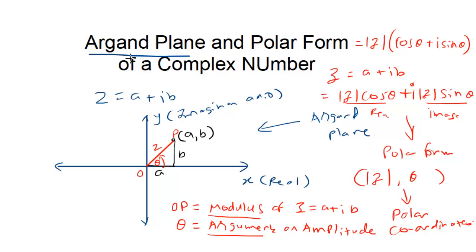So there are various forms. This is the standard form, this is the polar form, and these are the polar coordinates. Polar form and polar coordinates, we can represent a complex number only when we know its modulus and its argument. Argument is also known as amplitude.